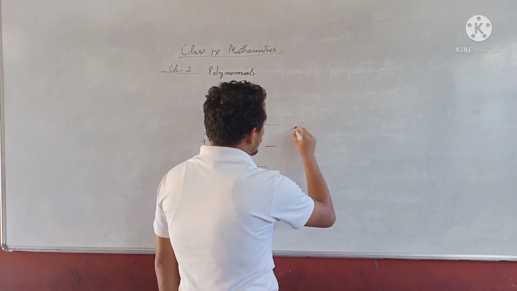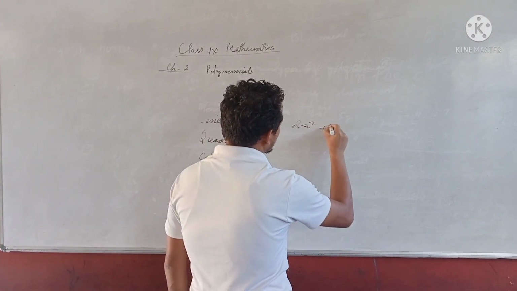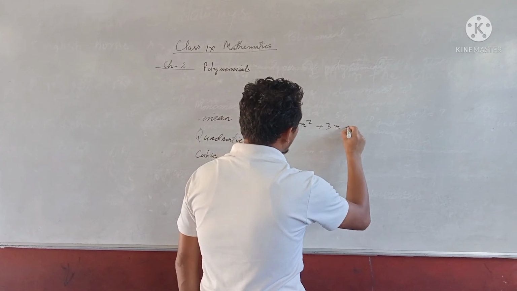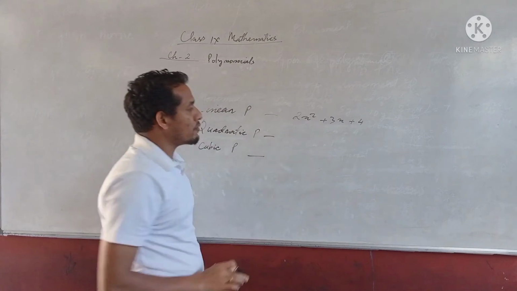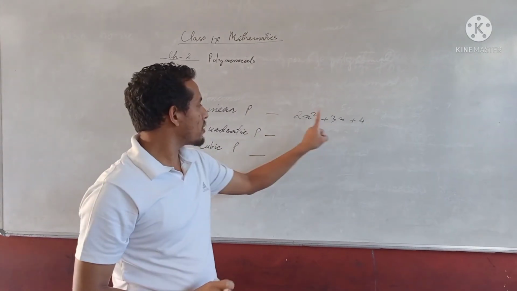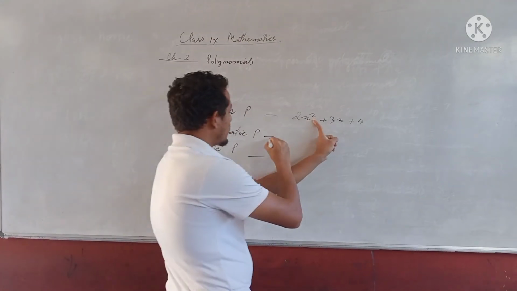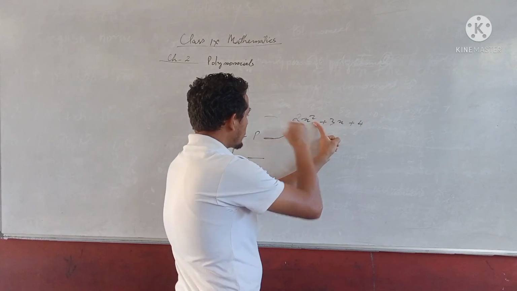For example 2x square plus 3x plus 4. Looking at this one, the highest power is 2. That means it is a quadratic polynomial.